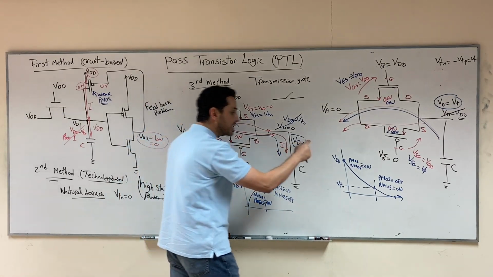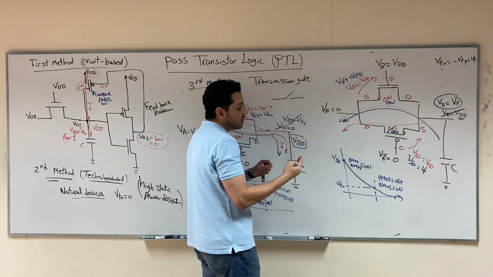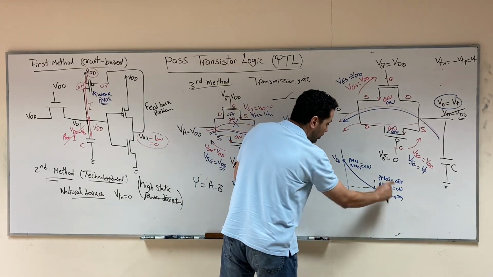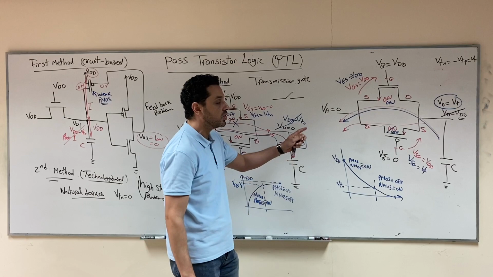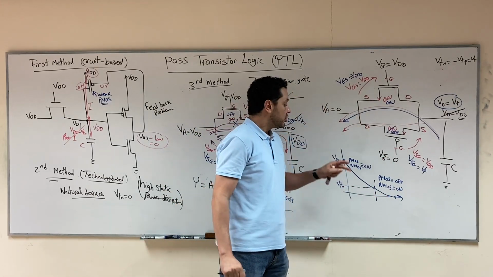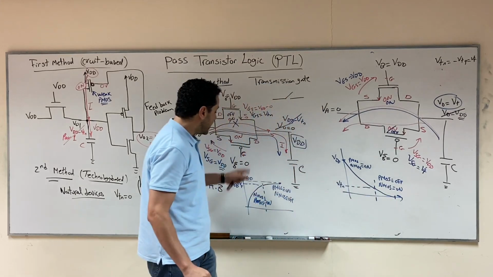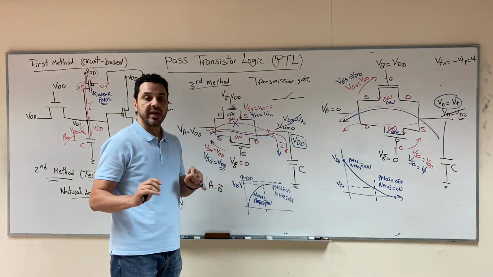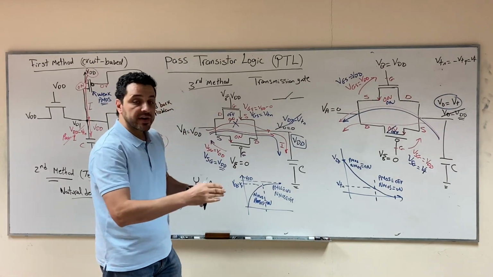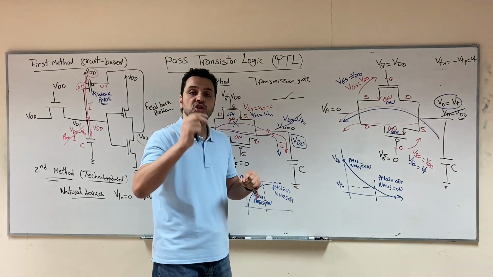And when the capacitor discharges, we checked if there would be any problem, and we found that there is no problem in the discharging. The capacitor is going to discharge to zero if it is supposed to be low. So the low will be zero and the high will be VDD. So we overcame the poor one problem. At the same time, we overcame the problem of slow charging of the capacitor.